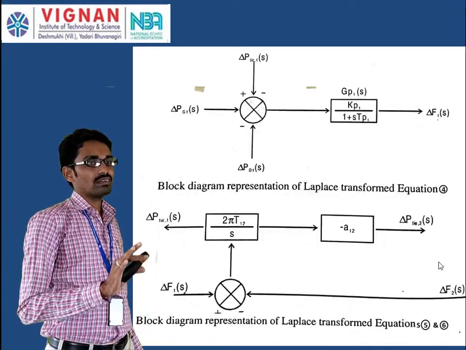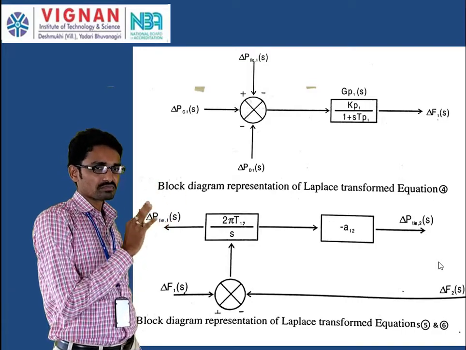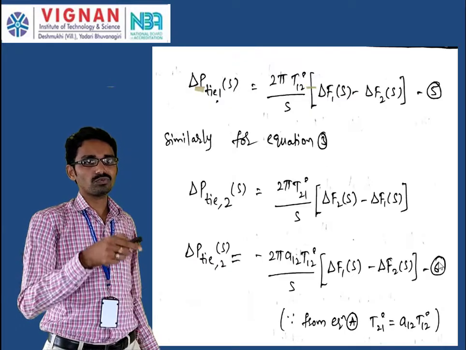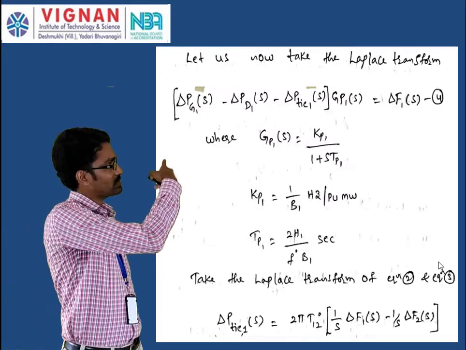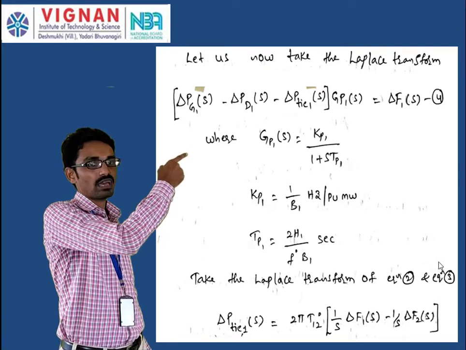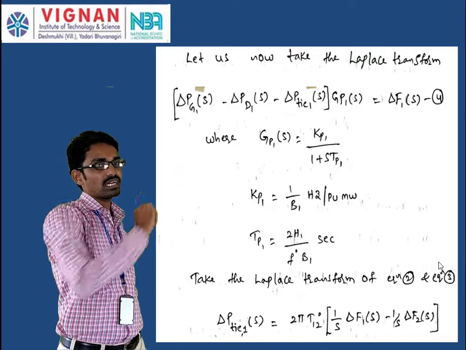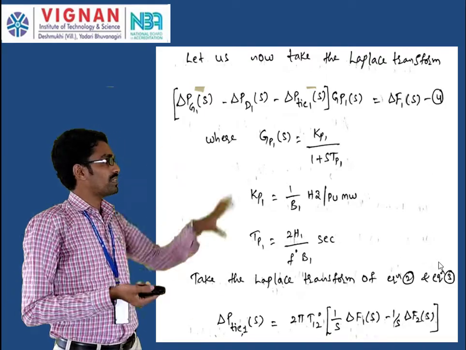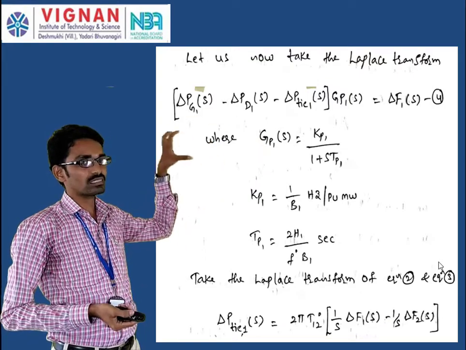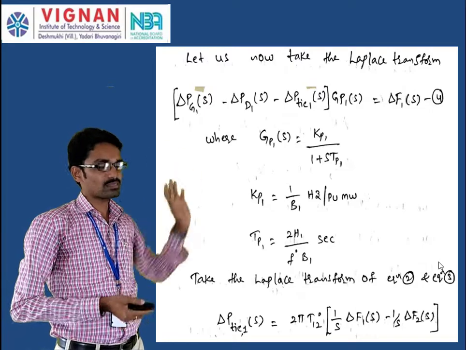If I draw the block diagrams for equation 4 and equations 5 and 6: equation 4 is nothing but delta Pg1 of s minus delta Pd1 of s minus delta P tie1 of s, into Gp1 of s, is equal to delta F1 of s. Here delta F1 of s is the output and this bracketed term is considered as the input, with Gp1 of s as our transfer function.